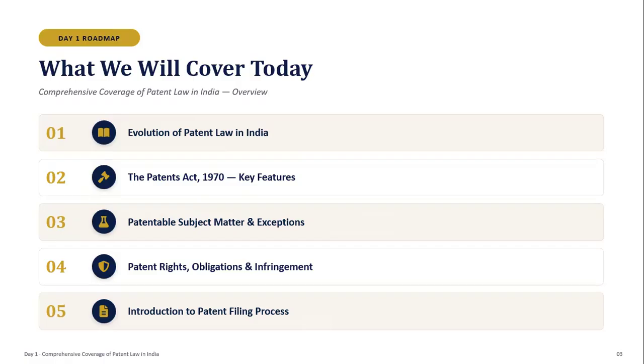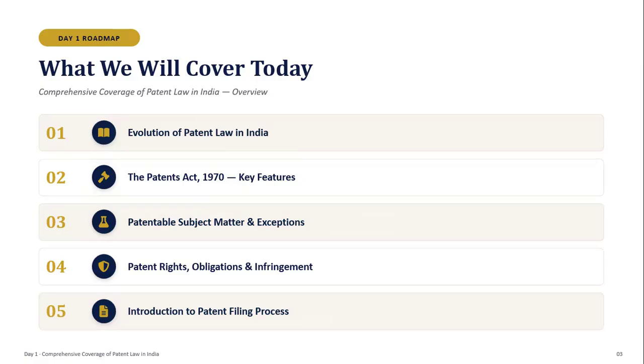Let us begin with today's session roadmap. Our discussion will cover 5 major areas. First, we will examine the evolution of patent law in India. Second, we will understand the important features of the Patents Act 1970. Third, we will discuss patentable subject matter and important exceptions to patentability.